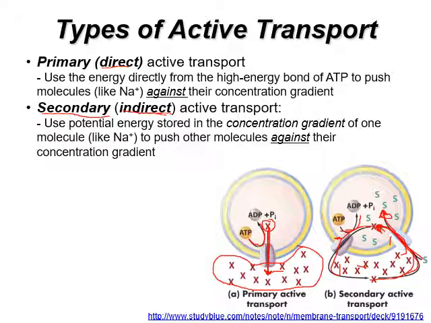But the difference is this protein is using ATP directly, so this is an example of primary active transport, where this protein here is using the energy from X moving down its concentration gradient to move S against its concentration gradient. So it's not using ATP directly, so therefore it is secondary active transport.